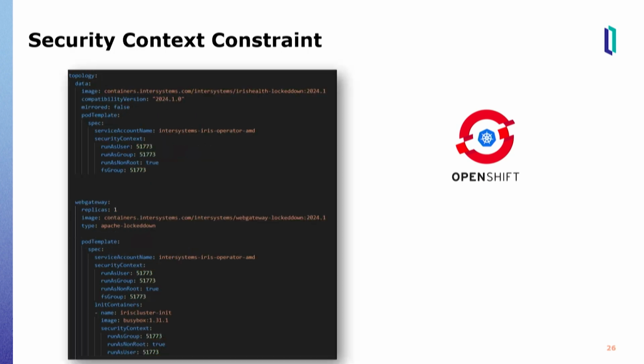And then second of all, in the IKO, in the CRD, we needed to make sure our init containers, which are created before the main Iris container starts, were not running as root. For historical reasons, sometimes they'll run as root, but we can also configure that. So the CRD is going to give us a lot of wiggle room for what we want to be doing, and we want to make sure that we're matching it for our needs in our cluster.